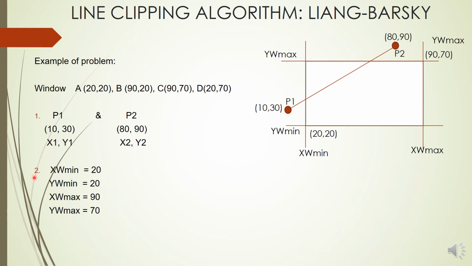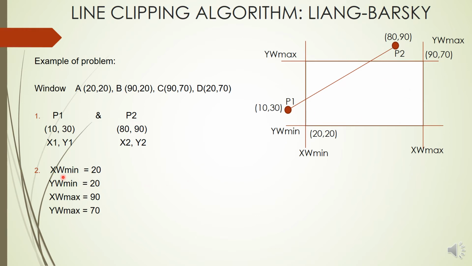The second step is asking us to read the corners of the window: XW min, YW min, XW max, and YW max. So we read this from this figure, or it can also be from the window coordinates, but for better understanding, let's look into this figure.